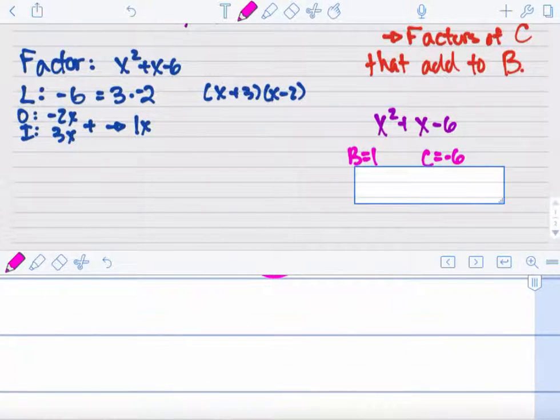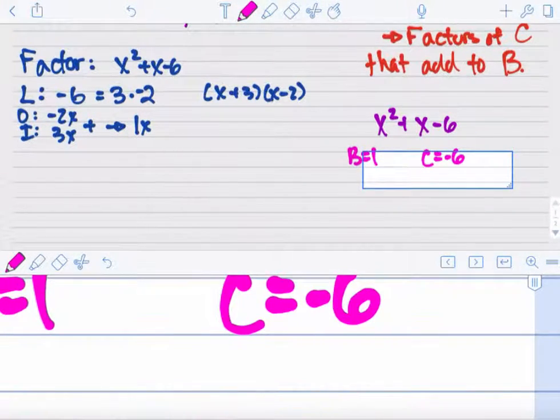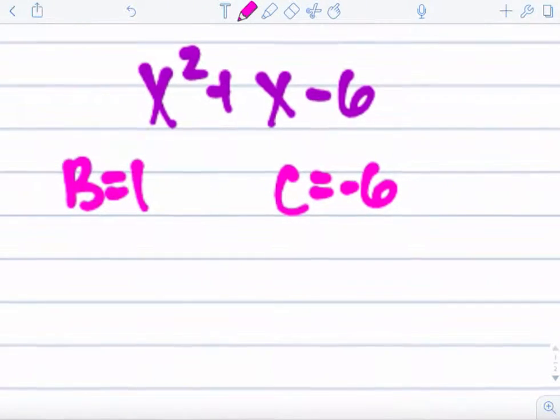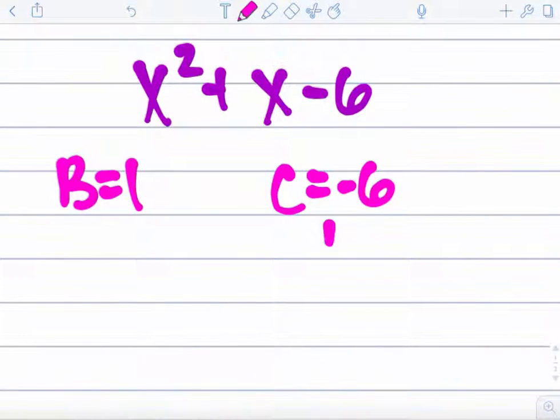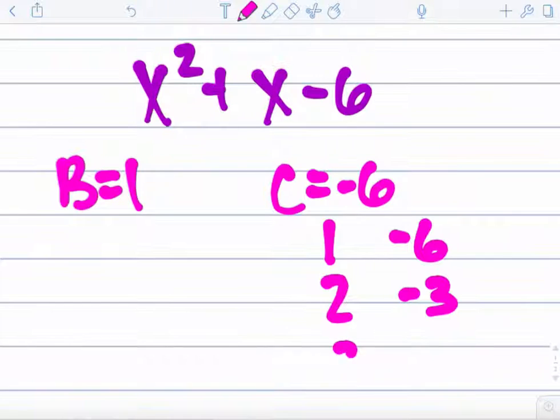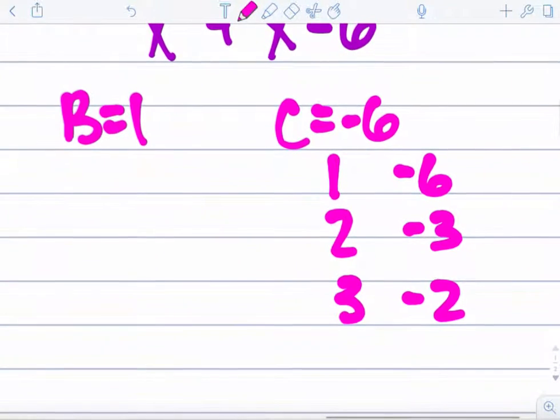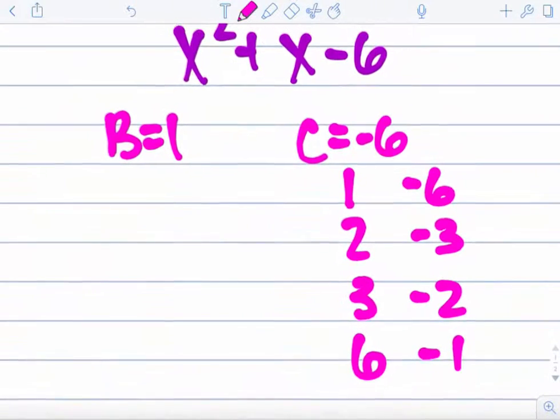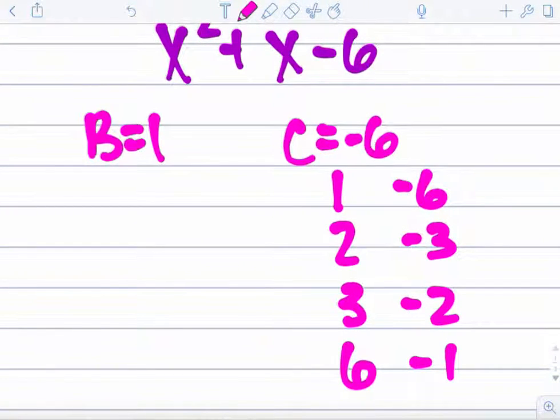I want factors of negative 6 that add to B. That's 1 times negative 6, 2 times negative 3, 3 times negative 2, and 6 times negative 1. Which of those add to positive 1?